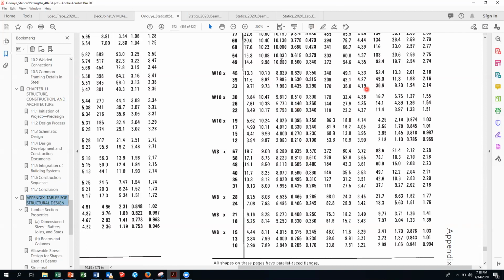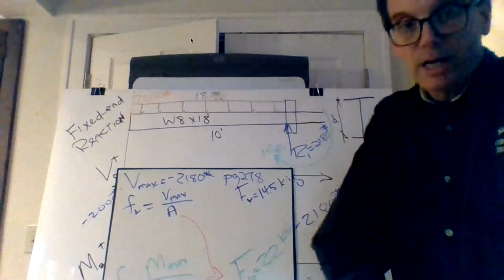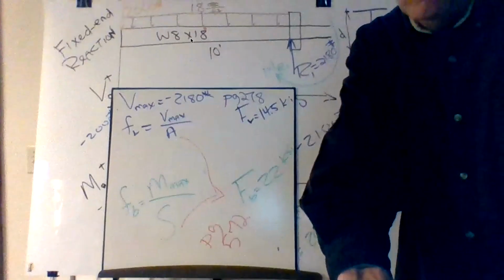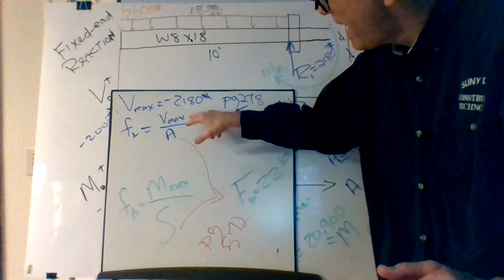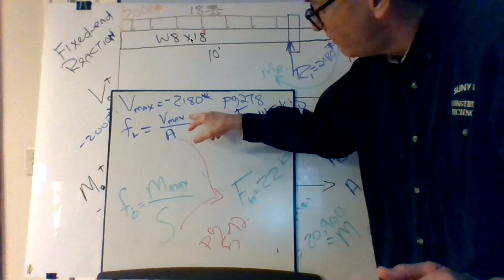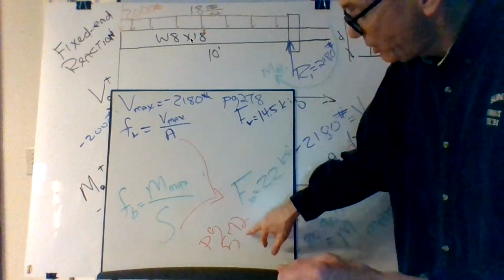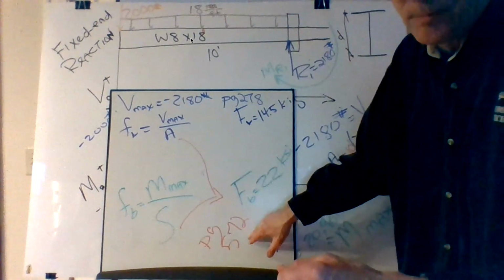Okay, so if we go back to the shared screen, and we go back to the camera. So I just showed you that this was the area. So that's the Vmax from the shear diagram. And the area I just showed you from page 572.